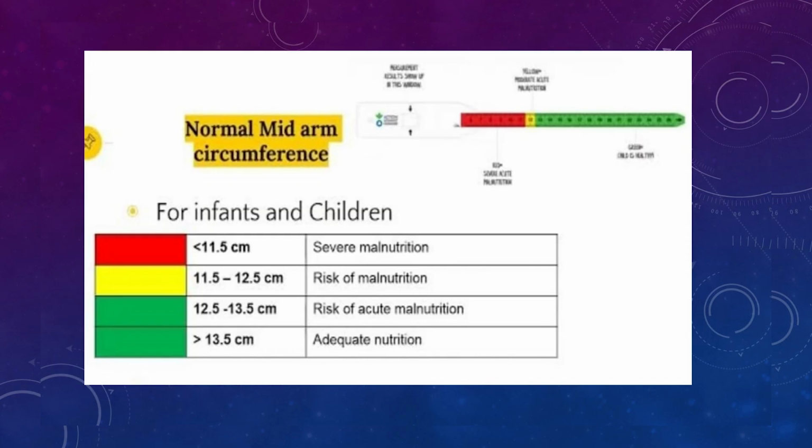Less than that is suggestive of either a mild or moderate acute malnutrition, or when it is less than 11.5 centimeter, it is called severe acute malnutrition. So, this is a very important piece of equipment in the diagnosis of malnourishment.